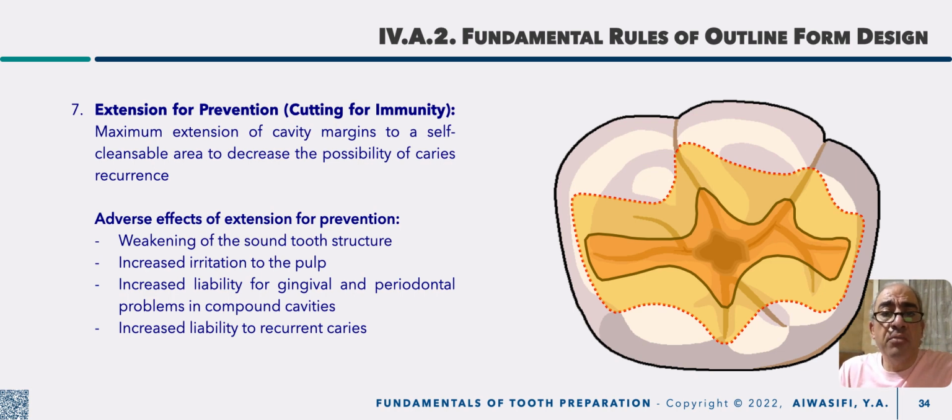At the same time, the tooth structure will be decreased in size and weakened, and this will not be compatible with the aim of mechanical principles, which I will remind you again, as I mentioned a few minutes ago, is maximum resistance against fracture. Where is the maximum resistance against fracture? You are weakening the restoration and you are weakening the tooth structure. And with maximum conservation of tooth structure. Where is the maximum conservation of tooth structure? You are weakening the tooth structure.